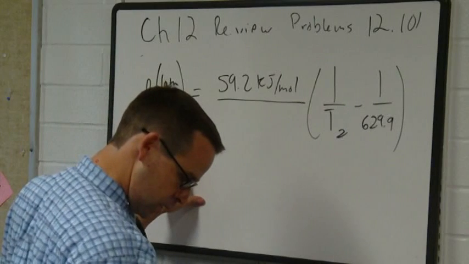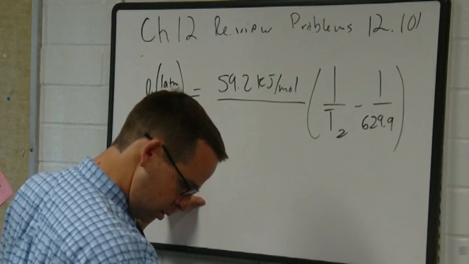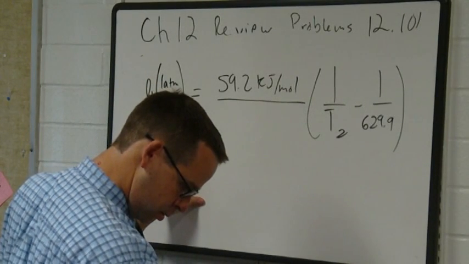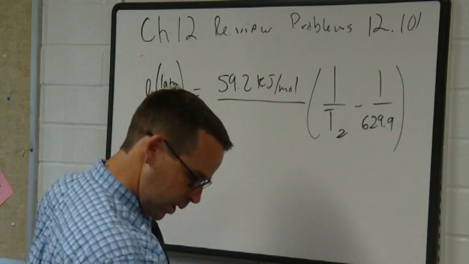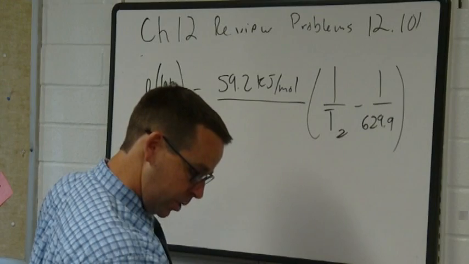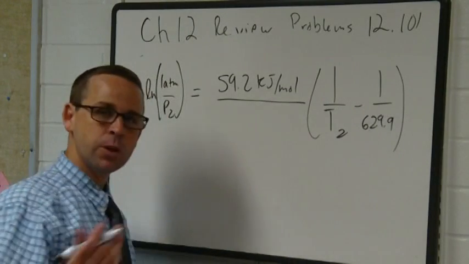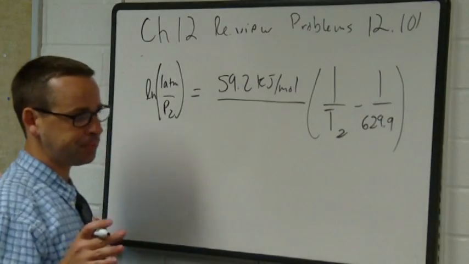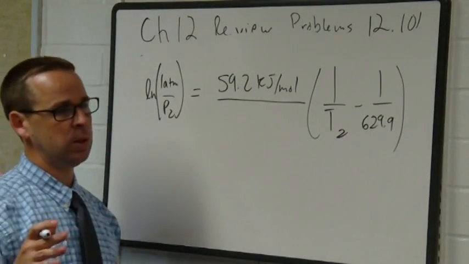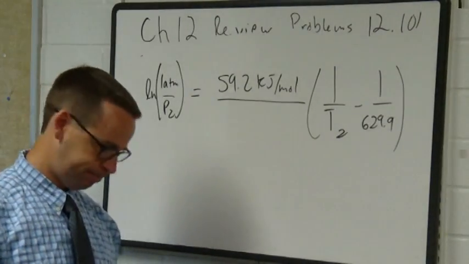So when it says normal boiling point, that means the boiling point at atmospheric pressure. And under atmospheric pressure, the vapor pressure of the liquid is 1 atmosphere.